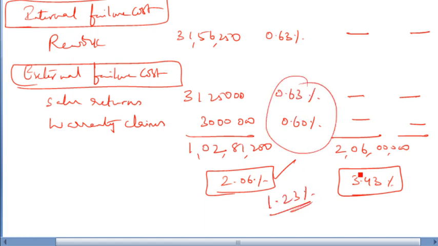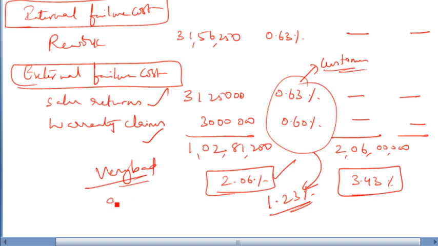As you can see here, 1.23% alone is external failure cost. So external failure cost, I'll just give you a basic idea. It means that external failure has happened outside the company, which means your product has gone to the customer, and then from the customer you are getting sales returns as well as warranty claims. The more the external failure cost, the worse it is for the goodwill of the company.